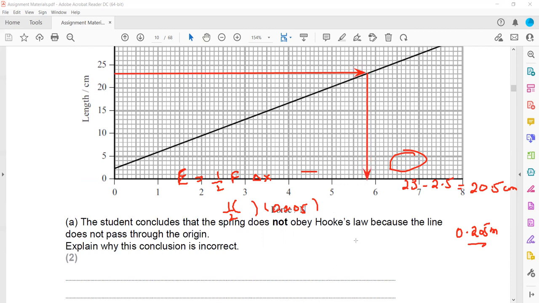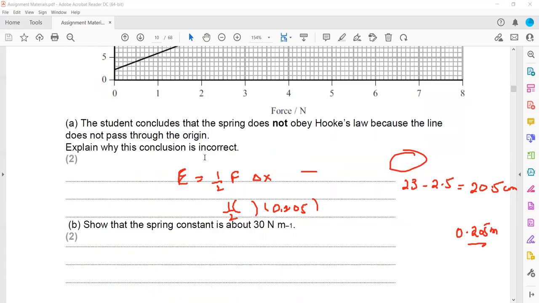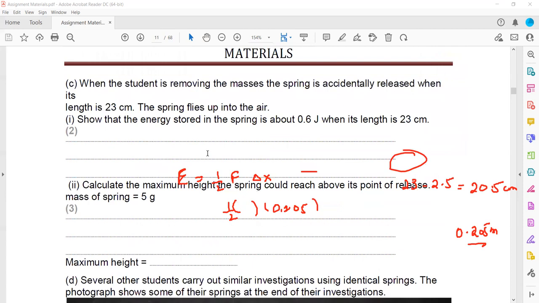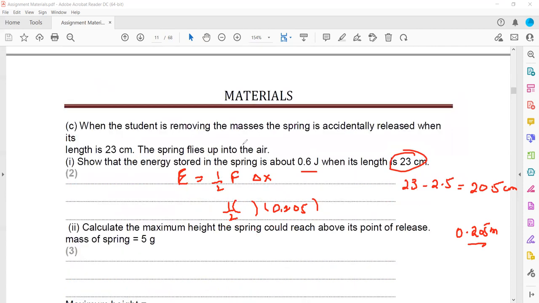So that is 5.8. Using the graph, we work out that the force is equal to 5.8. So we substitute 5.8 here. 5.8 multiplied with this will give us how much energy is stored. That is about 0.59 joules.